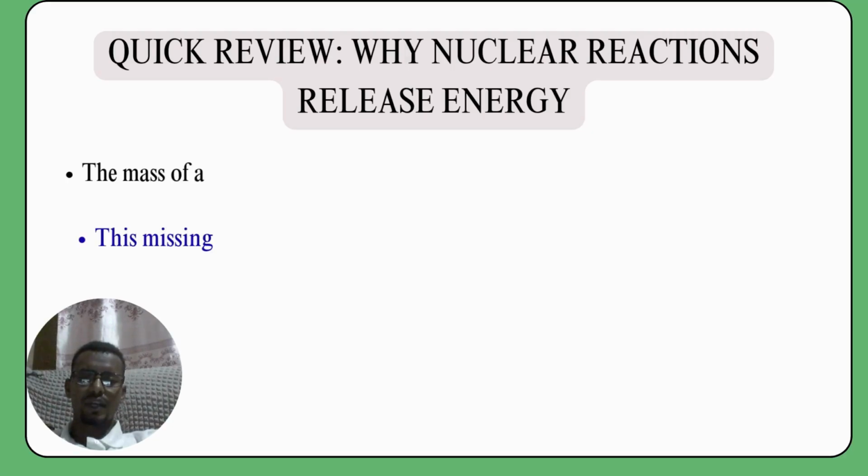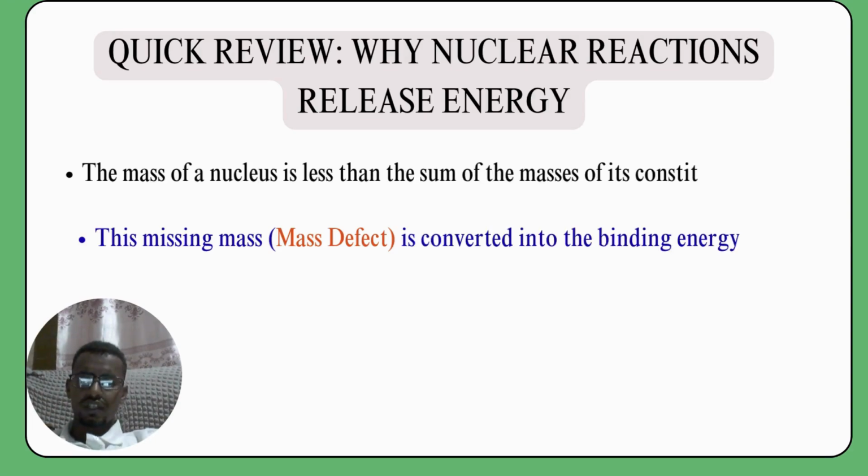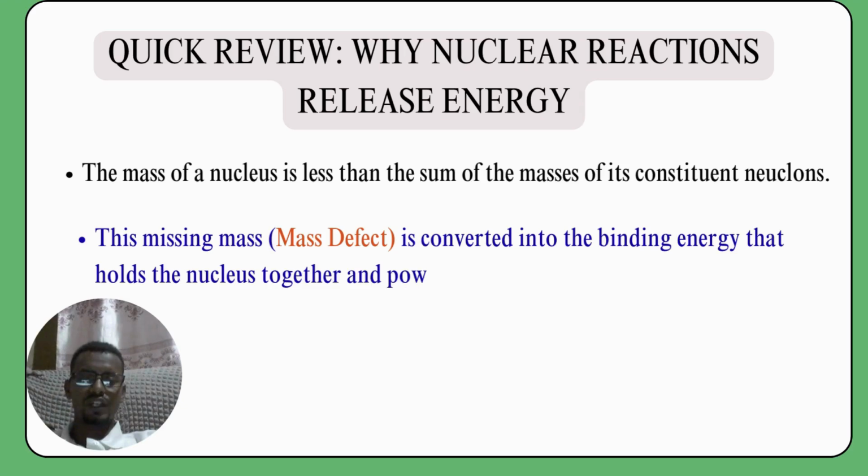So let's start with a quick review of why nuclear reactions release energy. The mass of the nucleus is less than the sum of its constituent nucleons, as we have seen in a previous lesson, and this mass difference is called mass defect. This mass defect is converted to binding energy, which is the energy that holds the nucleus together and powers nuclear reactions.